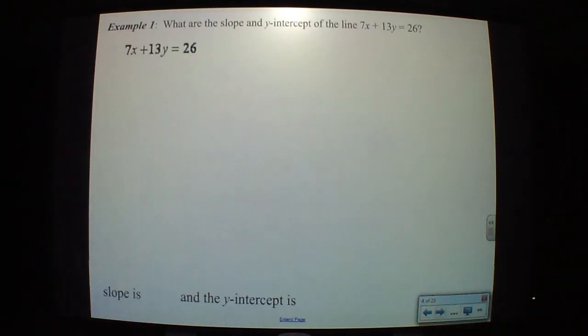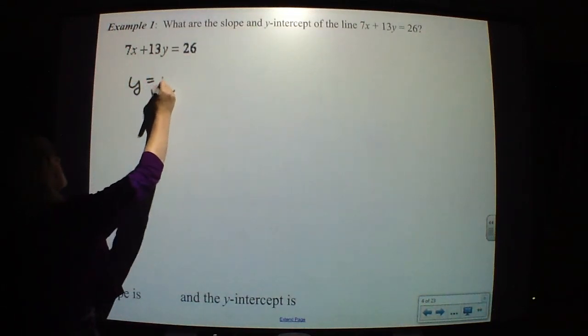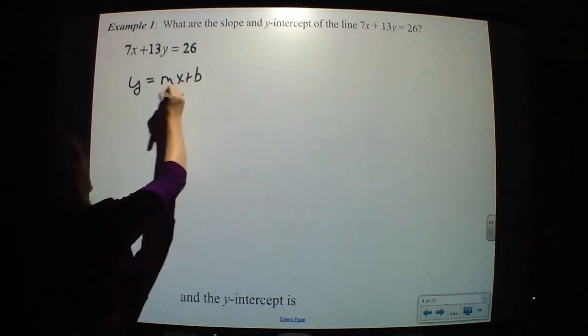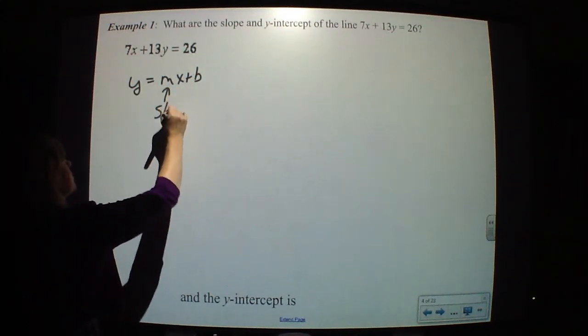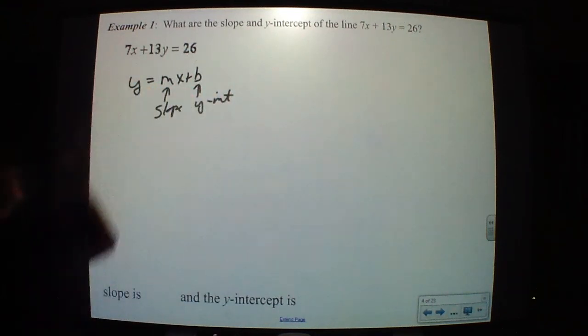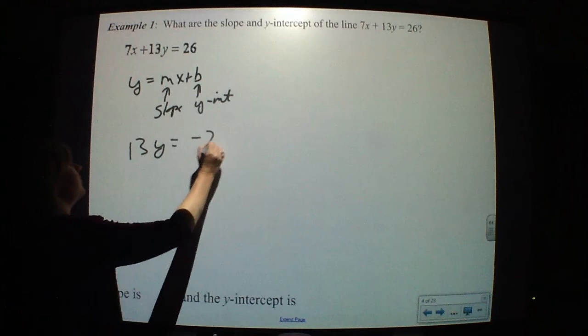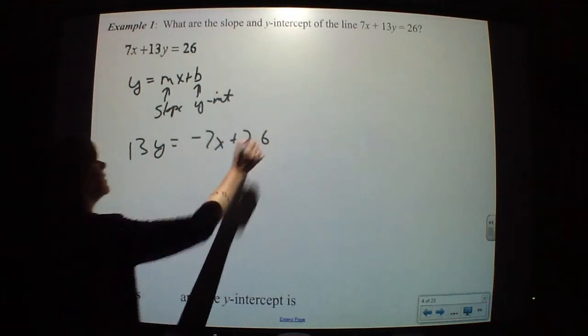What are the slope and the y-intercept of the line 7x plus 13y is equal to 26? Easiest way to do that is get it into y is equal to mx plus b form. Because if you can get it in that form, remember, slope, y-intercept. So let me do that. I have 13y is equal to negative 7x plus 26.